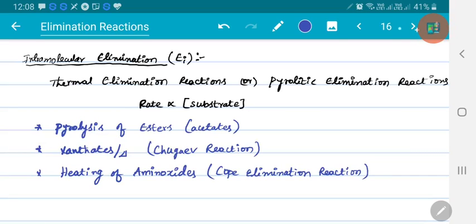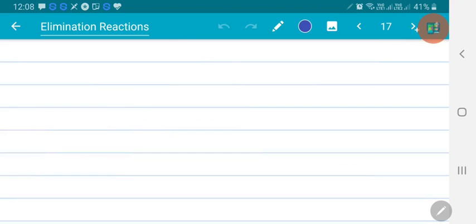Coming to the first type, that is pyrolysis of esters. So we are discussing the Ei mechanism in pyrolysis of esters, particularly acetates. Simply on heating, there is no need of any base or anything, just on simple heating elimination occurs.